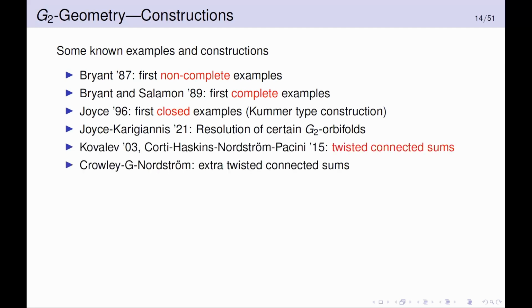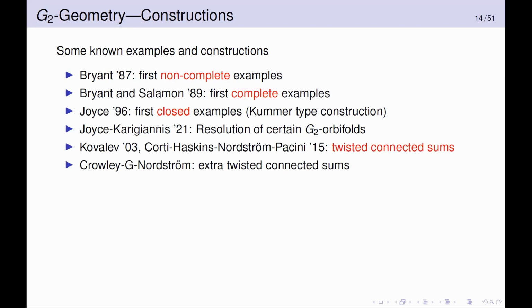And there is one more construction that goes back to Donaldson, but was first worked out by Kovalev, and then later in more detail and with many more examples by Corti, Haskins, Nordström and Pacini. That's called twisted connected sums. There you start with two building blocks formed from asymptotically cylindrical Calabi-Yau manifolds, and you stick them together in a strange way.